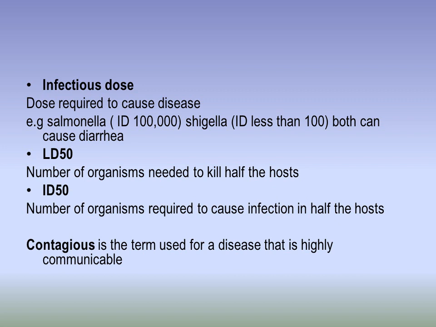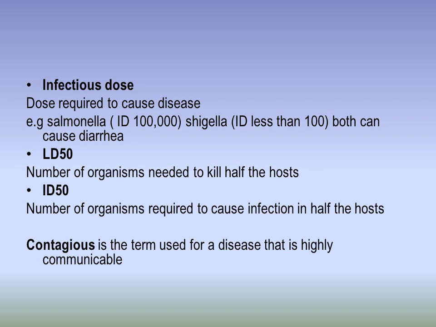What is LD50? That is lethal dose 50. It's the number of organisms needed to kill half the hosts in an experiment. The dose that can kill approximately half the number of individuals in an experiment is called lethal dose 50 or LD50.